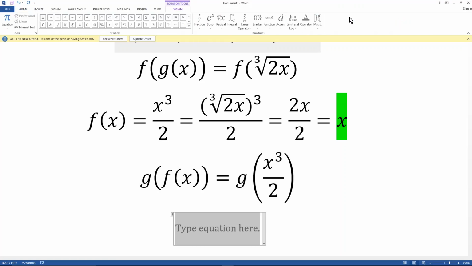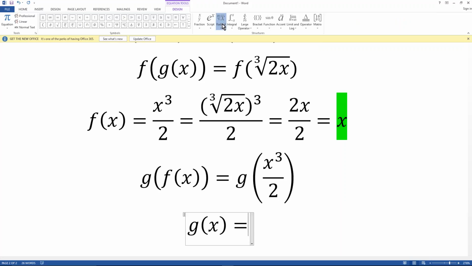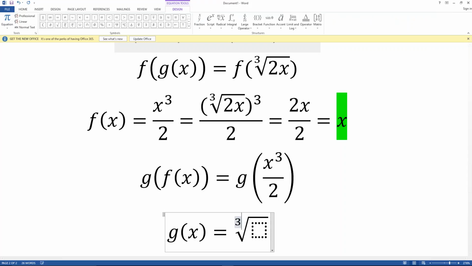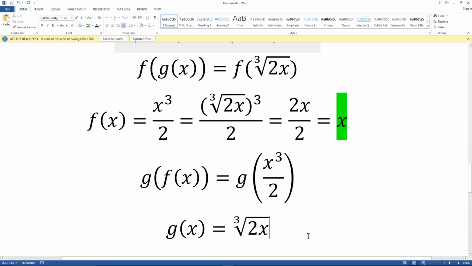So let's do that. So what is my g function? Cube root of 2x, right?